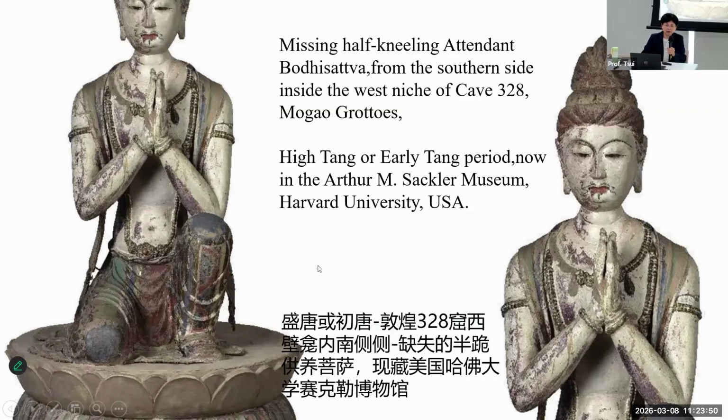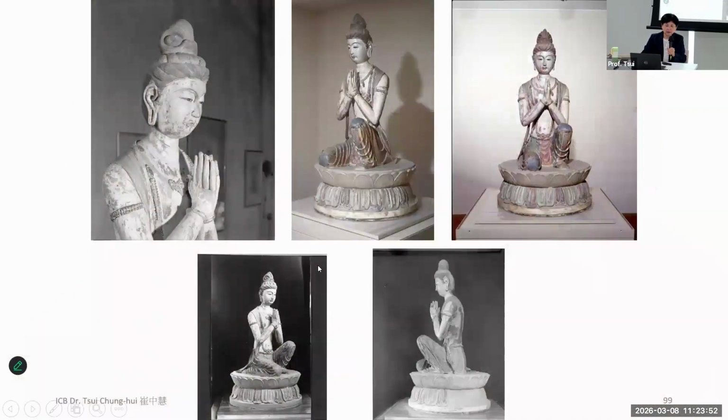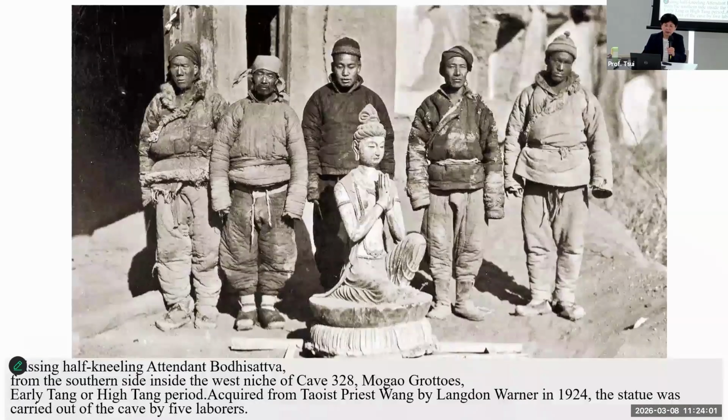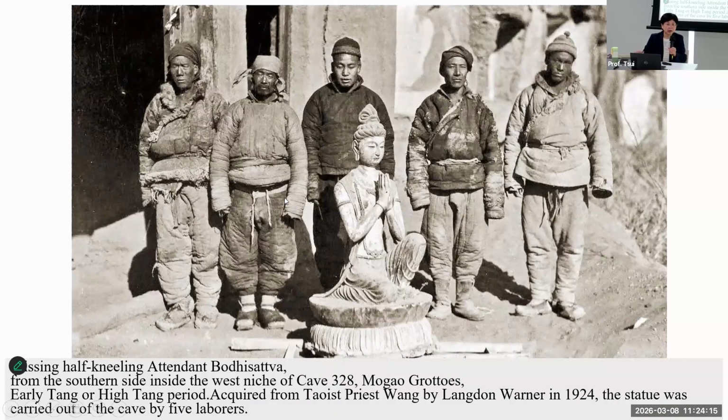So this is one missing sculpture. We appreciate the beauty of the Bodhisattva from different perspectives. And the sculpture was stolen by Langdon Warner in 1924. When he removed the sculpture, there were 5 laborers helping Langdon Warner to remove it to the United States.